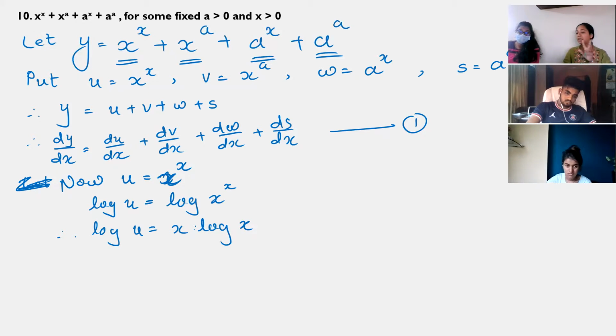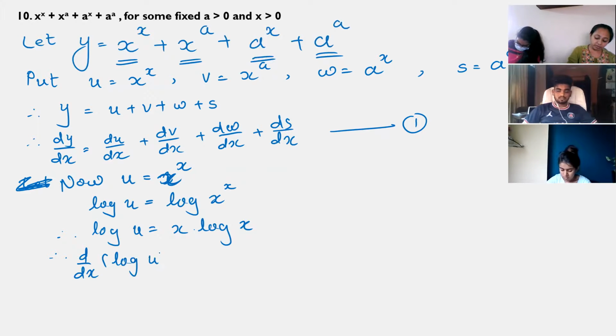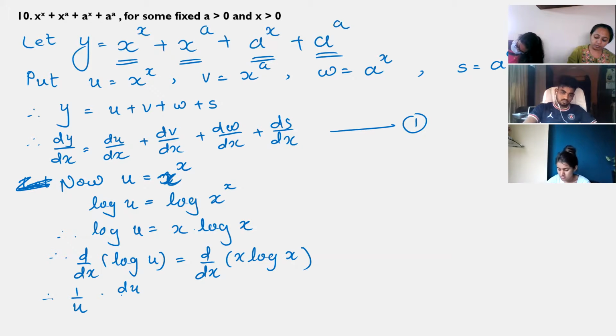That means the right hand side we get 2 functions. Let us differentiate both sides with respect to x. D by dx of log u equal to d by dx of x log x. Log u ka 1 by u and du by dx as chain rule.